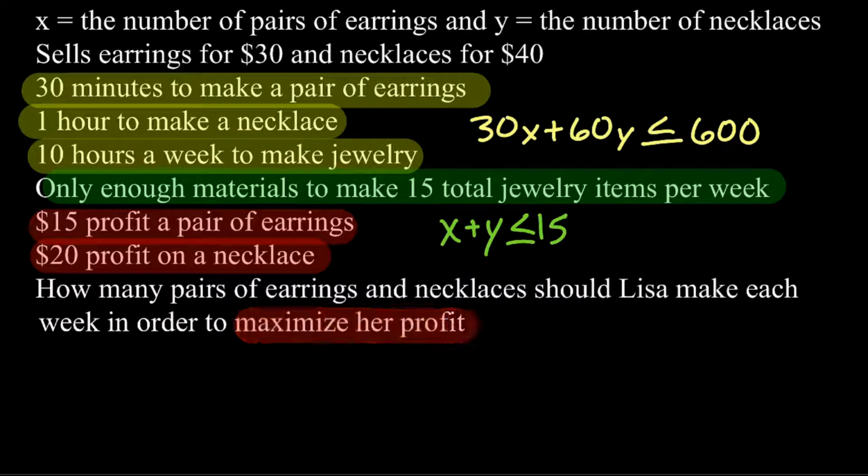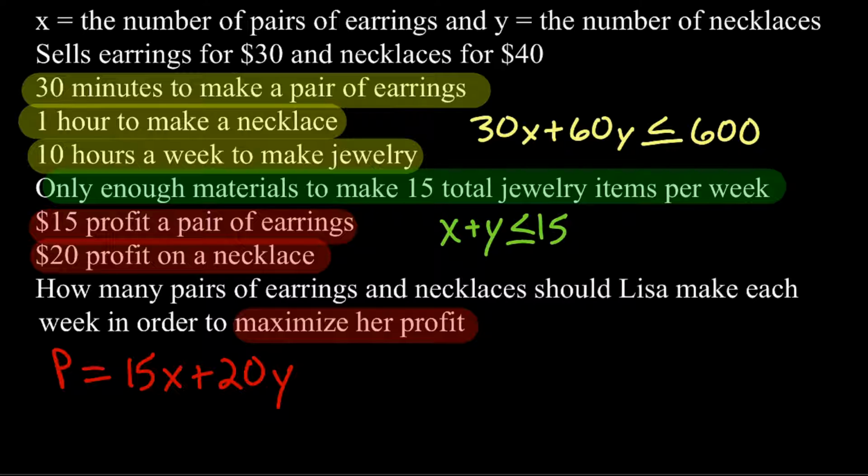So here, profit equals 15 times the number of earrings that she makes, plus 20 times the number of necklaces that she makes. And as you look at this, you might think, well, then she should just make necklaces. But once we graph the inequalities, it becomes a little more complicated.